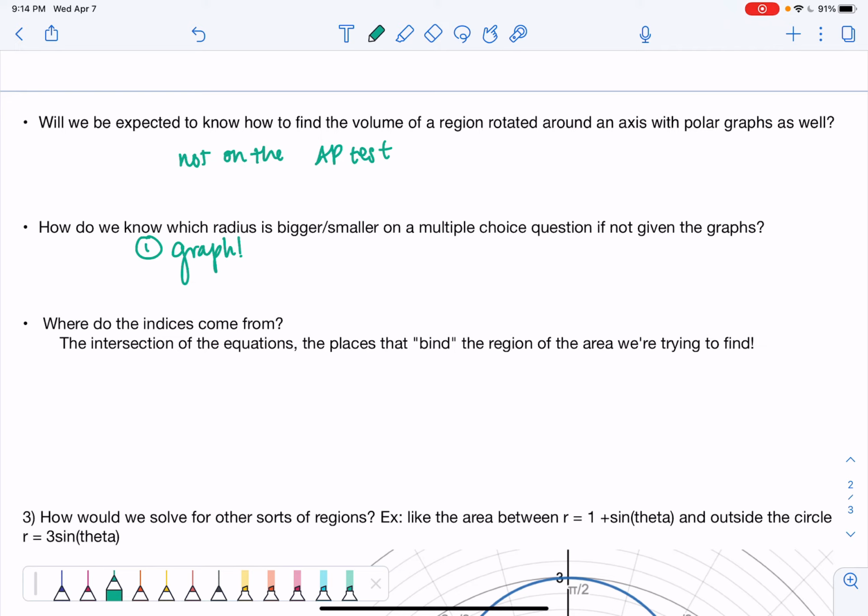Then there's a question of, where do the indices of the integrals when we're taking the area come from? These indices, a to b of whatever we're squaring here, are coming from the intersection of the graphs of the equations. It's basically talking about the places that bound the region.